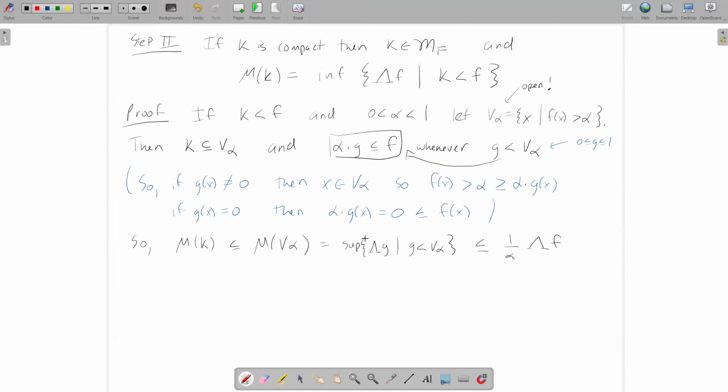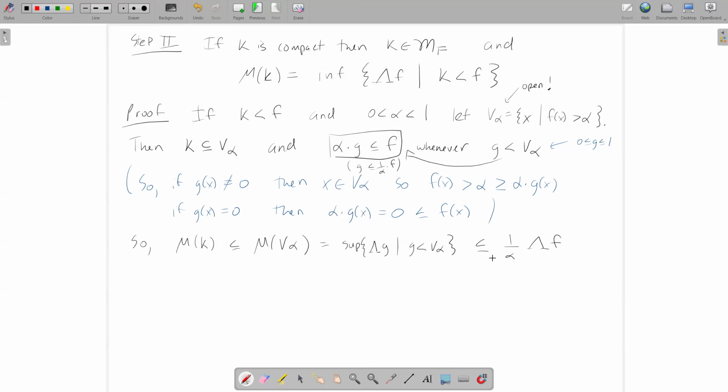Okay, cool. So lambda of g is less than lambda of f over alpha, right? So like you could literally rewrite this as 1 over alpha times f, okay? Because alpha is not equal to 0, okay? So I'm allowed to do that. And then the 1 over alpha can be pulled out of the linear functional by the linearity properties.